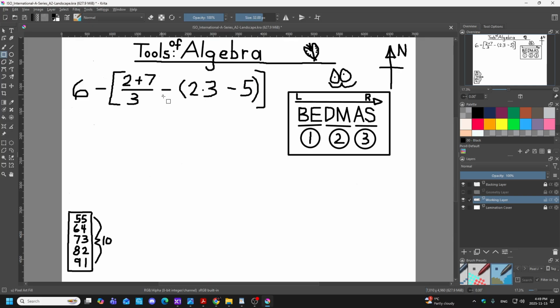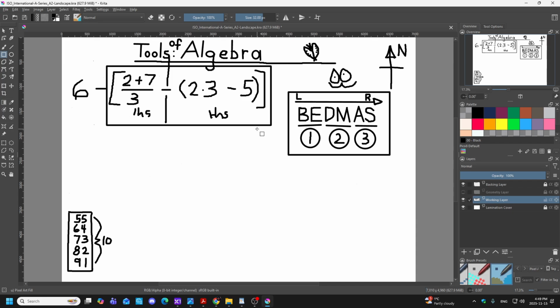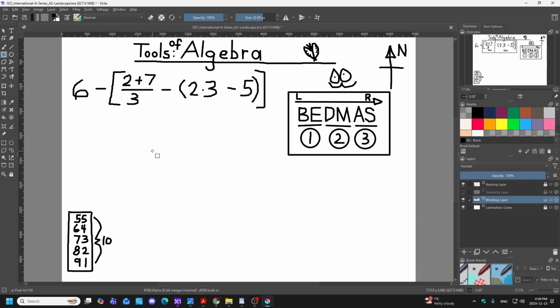But as you can see inside this itself, we also have a negative sign. So we can, technically speaking, look at this as a left-hand side and a right-hand side within our brackets. That's okay. Let's work the problem.